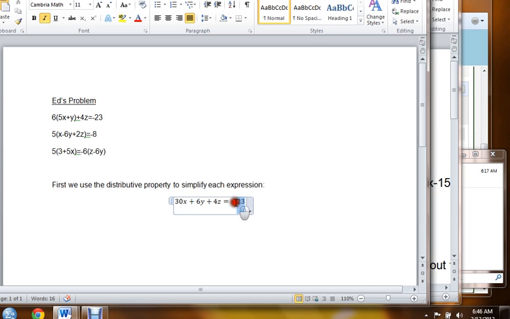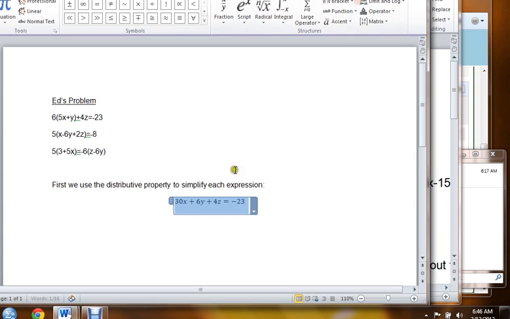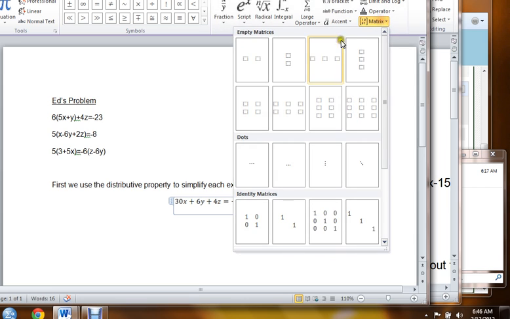That is, I'm going to highlight all of this equation right here. Use a little trick. I'm going to go up to the equation editor, and let's see, maybe I have to do this first. So I'm going to go to this little matrix button right here, and I'm going to go to here where it has these 3 dots.